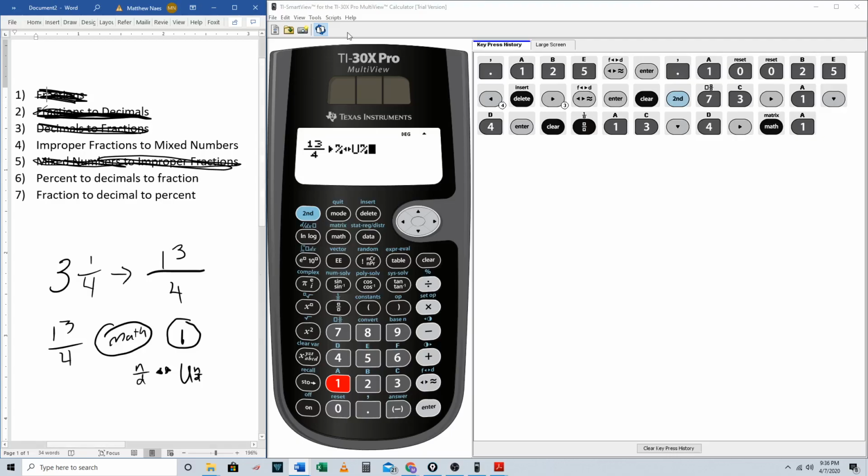Okay, so press enter, and now we have it as a mixed number. So we type in the improper fraction, press math and then 1, and then press enter. So that's how we convert improper fractions to mixed numbers.